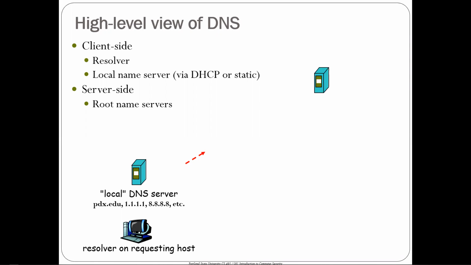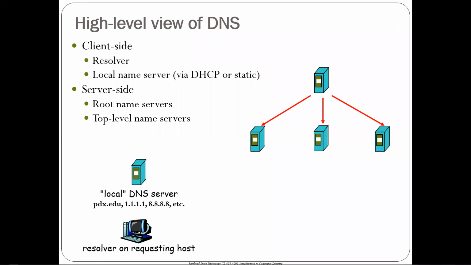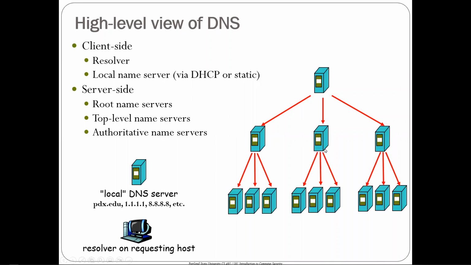The root server, if it can't respond with an authoritative answer, is going to forward you to the top level domain servers. And then from there, you will go and traverse this hierarchy down to the actual authoritative name server that serves the name that you're trying to get access to. So that's a picture of this.